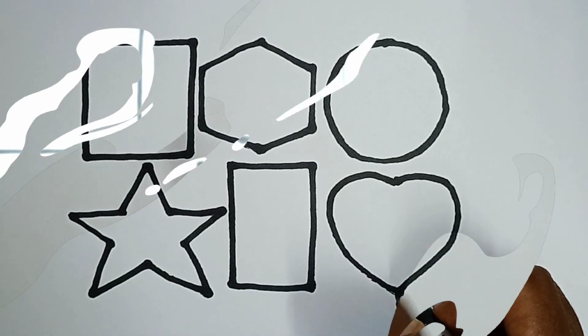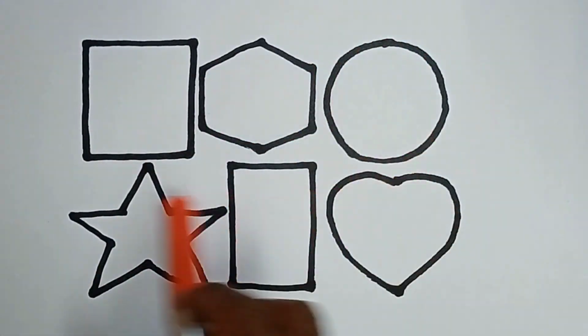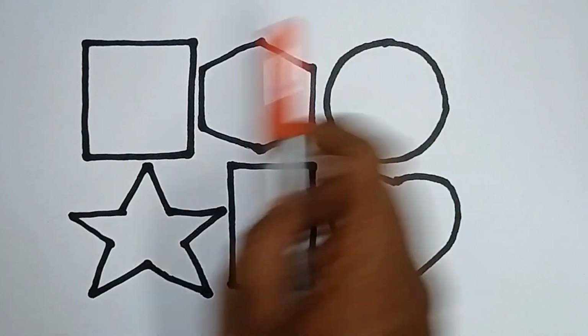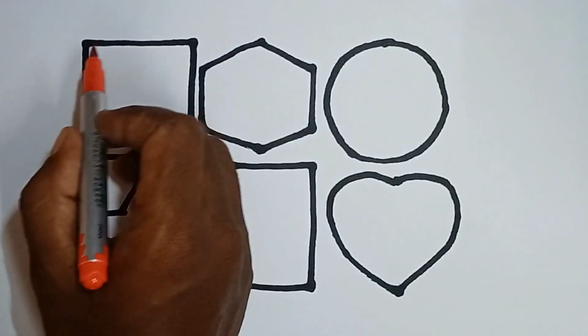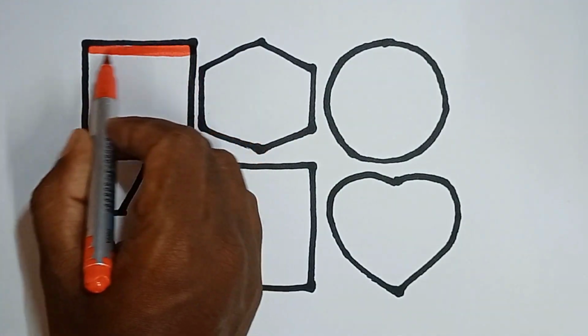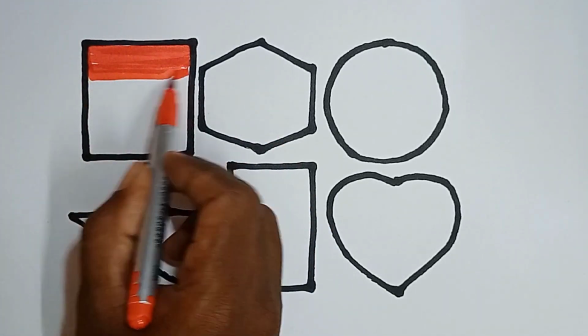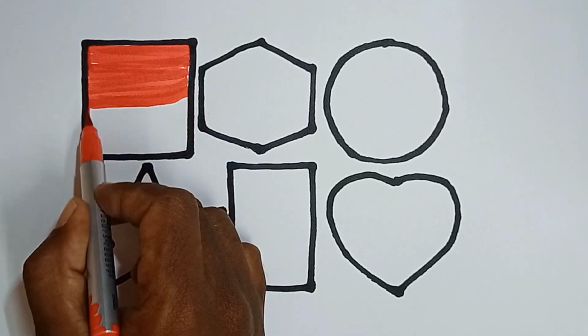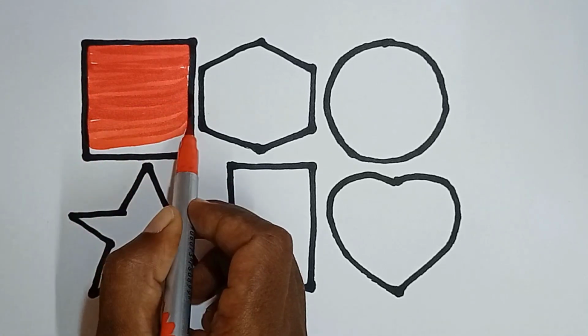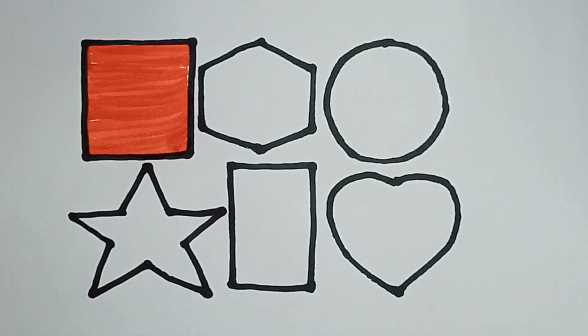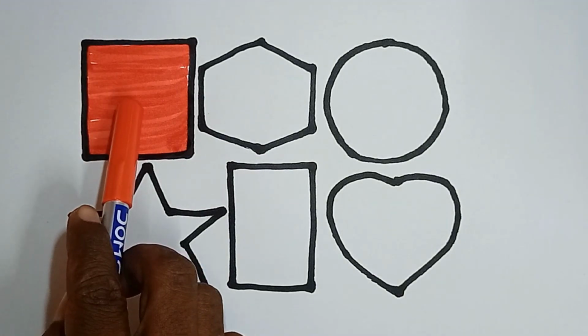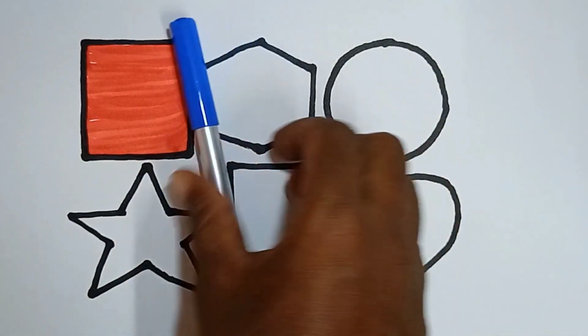2D shapes heart. Hello kids, let's color the 2D shapes. This is the first one, red color. I am coloring square. This is square. And next one, blue color.